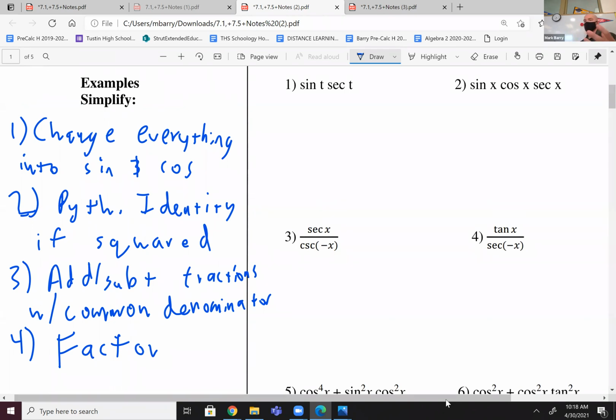Can we change everything into sine and cosine? The answer is yes. Sine t I cannot change, so I'm going to keep that as sine because it's already sine. I'll put a little multiplying dot there. Secant of t I can change to sine and cosine, so it's going to be 1/cosine of t.